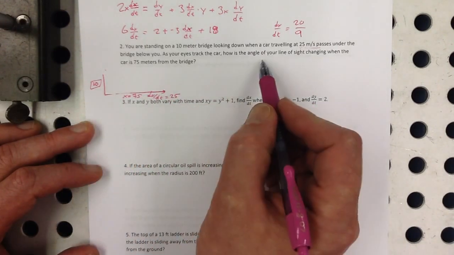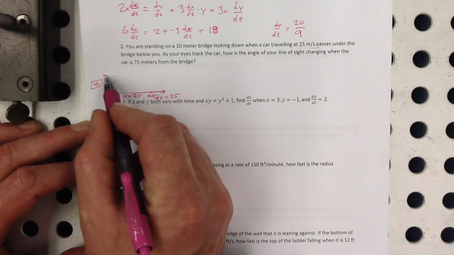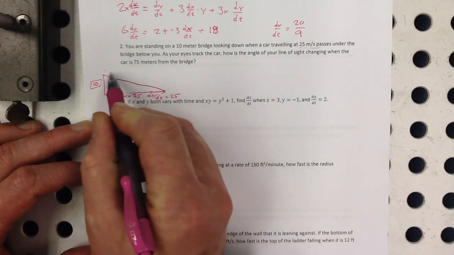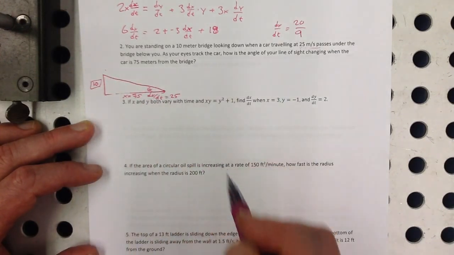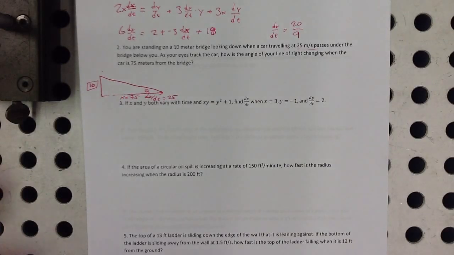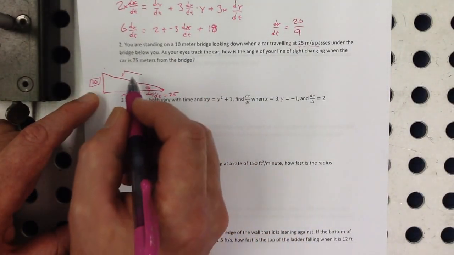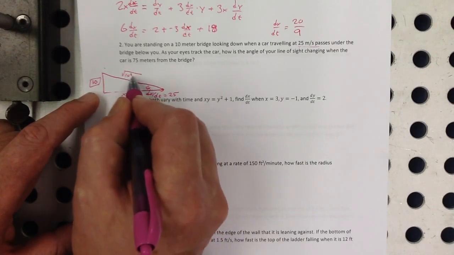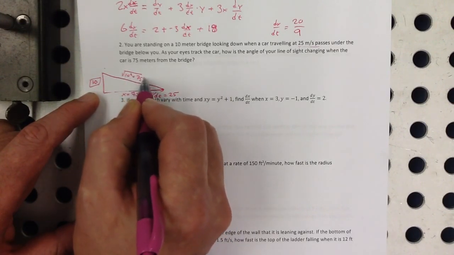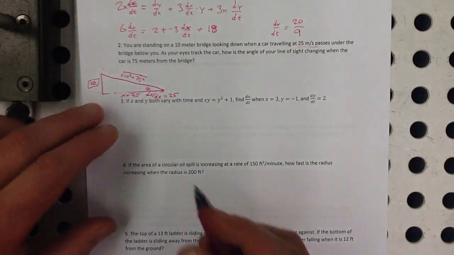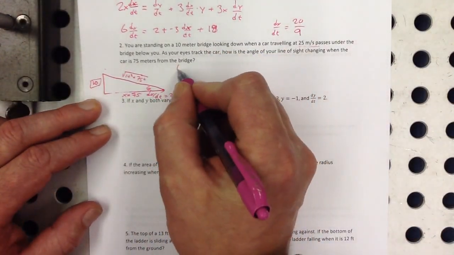And we want to know the angle of the line of sight. So that would be this angle, which is the same as this angle. This is 75 and this is 10, so this up here, we need this later, is the square root of 10 squared plus 75 squared. So I'm going to use the tangent function to set up my relationship.